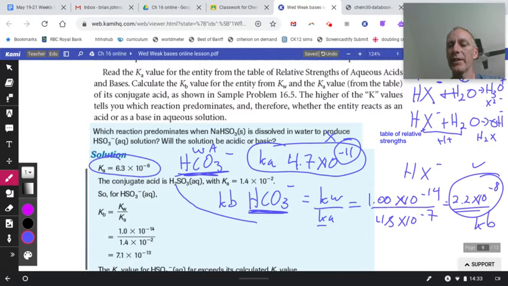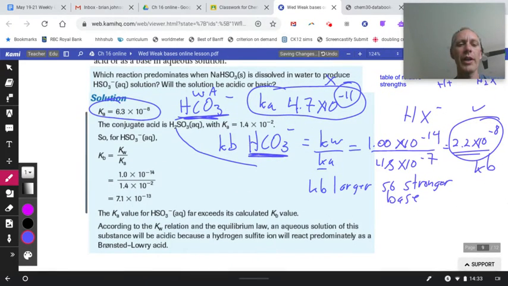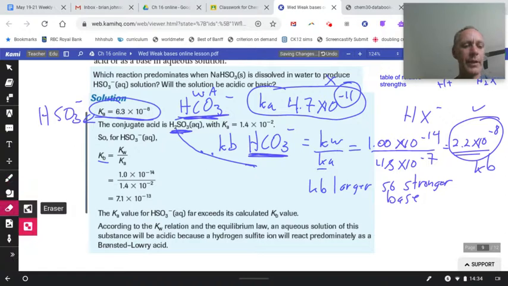So its Kb is larger, so it is the stronger base. The example on this screen is for HSO3 minus. I don't need to go through it, but you can look at it. There's the Ka of HSO3 minus, and you calculate the Kb using its conjugate acid. It's all here. I've given you an example.